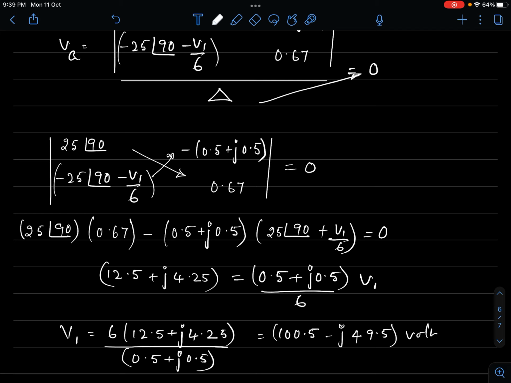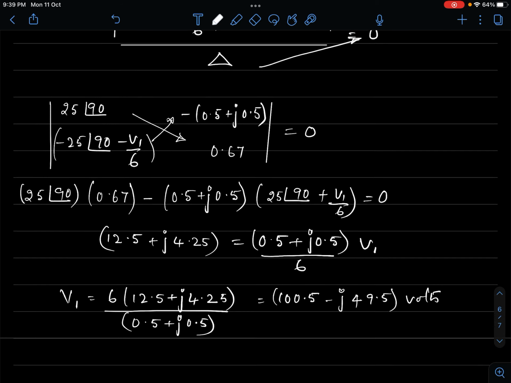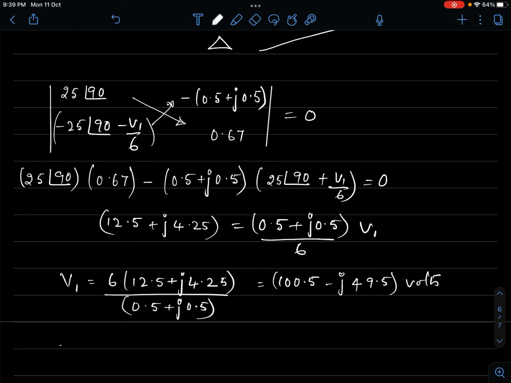Or in terms of polar form, V1 should be equal to 112.03 at an angle minus 26.22 volts.